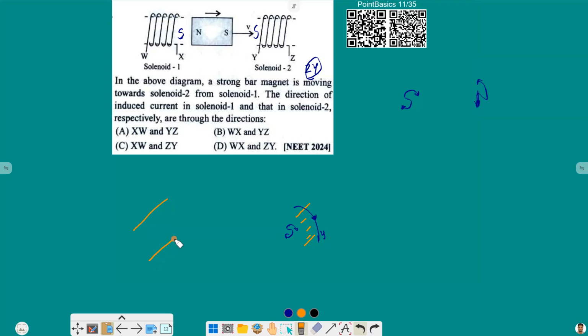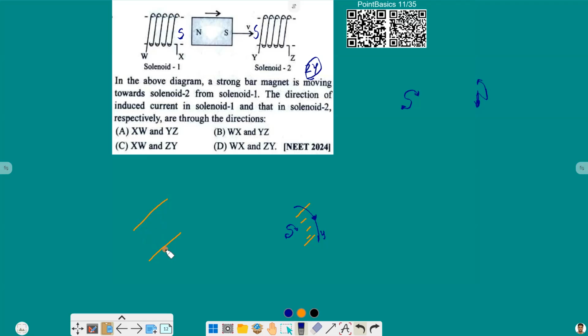Suppose this is the internal structure of the solenoid, and here we have the point X. Now the point here we need to consider is that in case of solenoid 1, point X is behind the solenoid, and in case of solenoid 2, the point Y is in front of the solenoid. So here this point X is behind the solenoid.